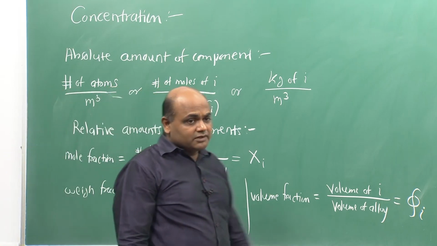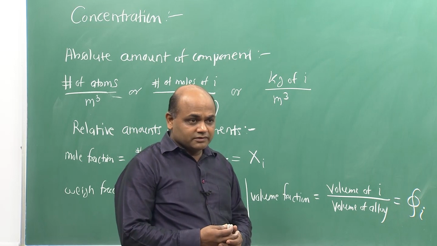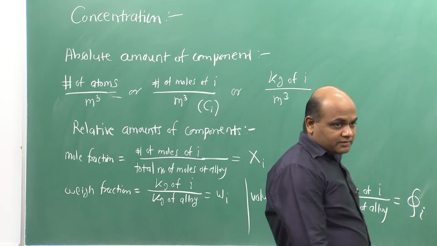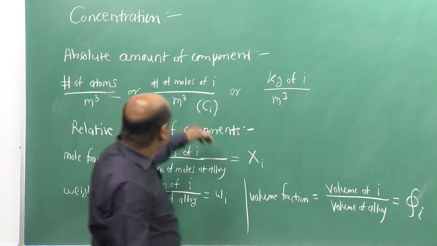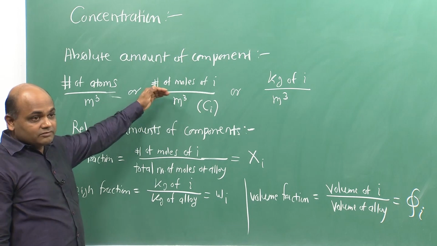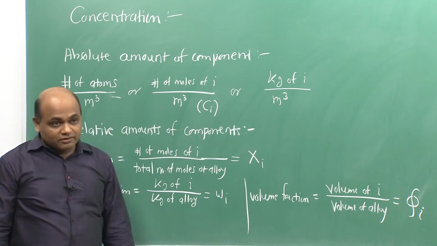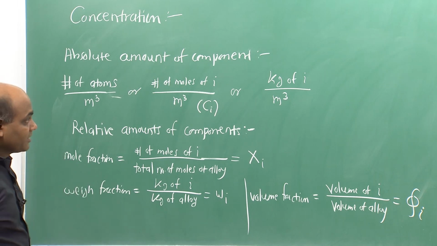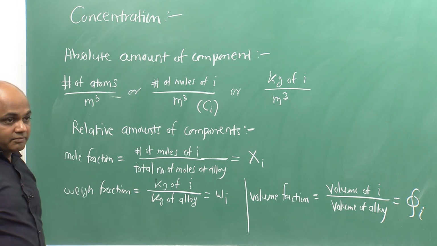So, how do we convert one into the other? Because most of the time when we see the flow of atoms or the fluxes of atoms, we will express those in terms of number of moles, obviously per unit area, per unit time.